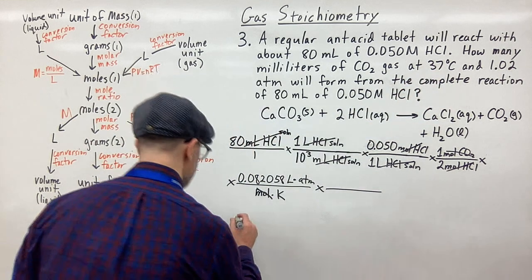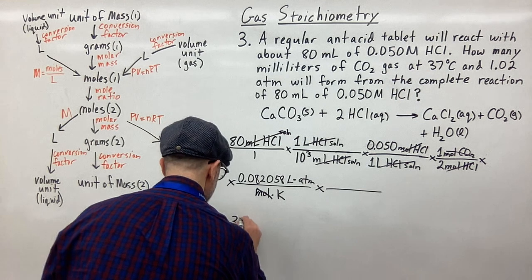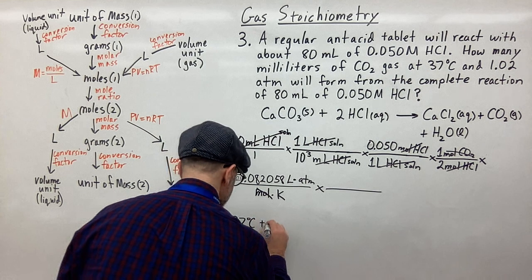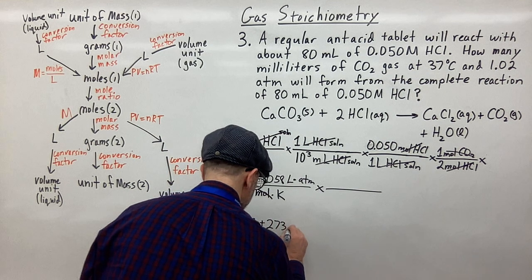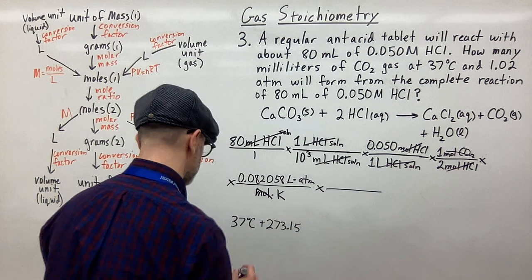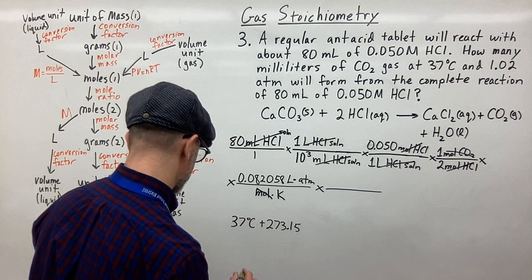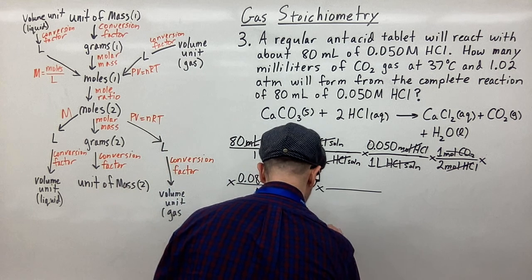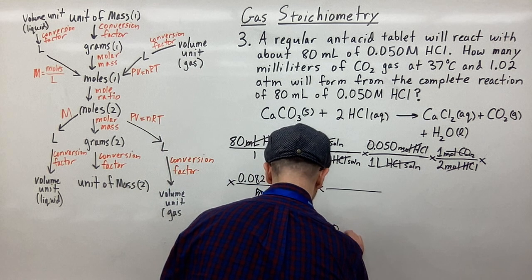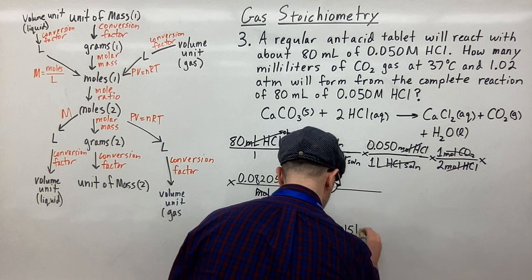So let's do that. So 37 degrees Celsius plus 273.15. That's going to give us 310.15 Kelvin.